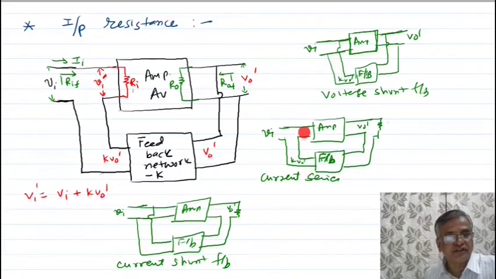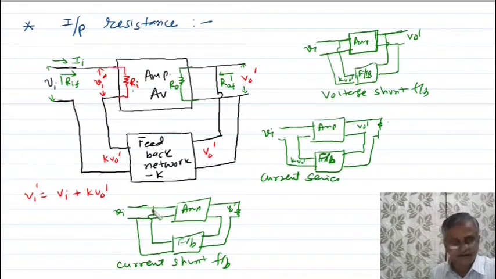So the most important thing for you: in voltage series feedback and current series feedback, effective input resistance increases after feedback. Once you apply the feedback, your effective input resistance increases. What about this? Can you see here? This is in parallel.